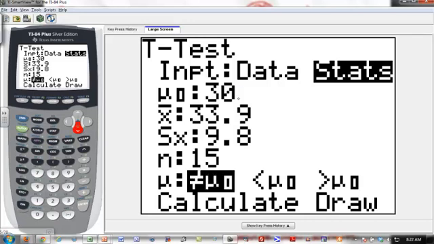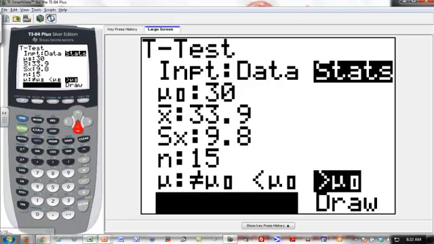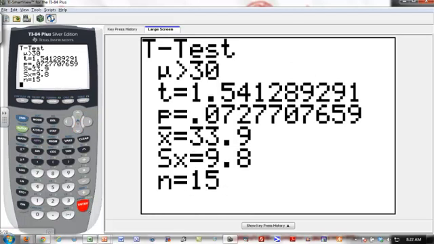Greater than. Now we can say calculate, and you can see that the t-value comes out exactly the same. And please note that using the calculator, we don't get a range of values that p falls into. We get the p-value, 0.07.